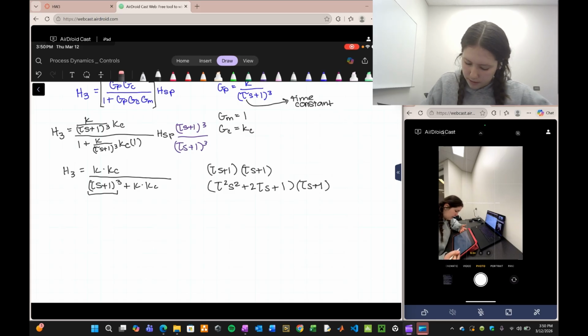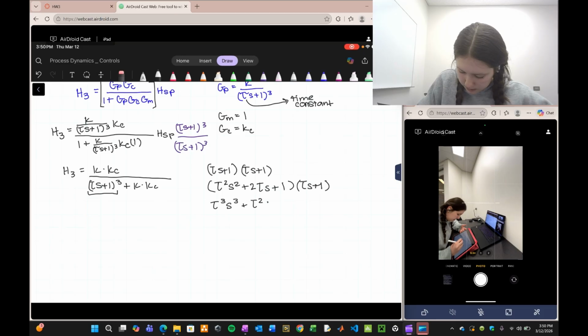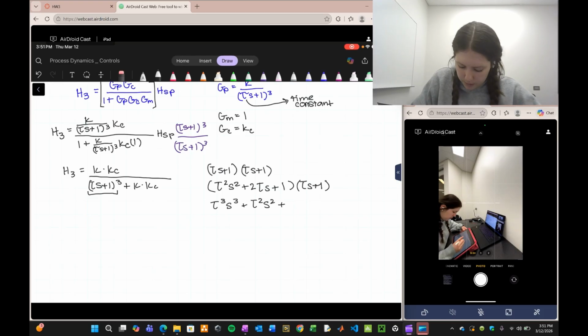We get tau cubed S cubed plus 3 tau squared S squared plus 3 tau S plus 1.